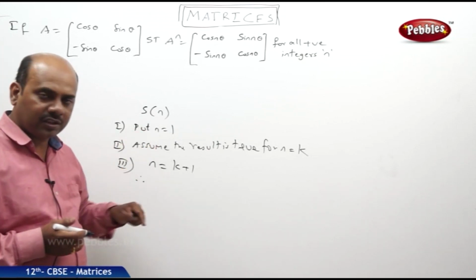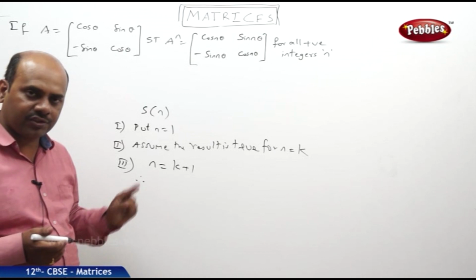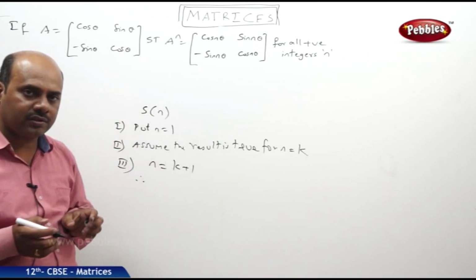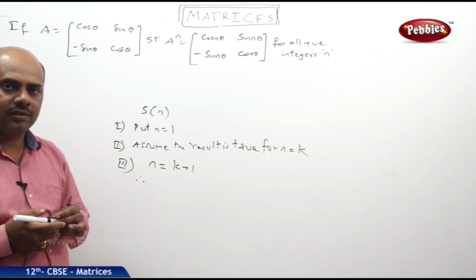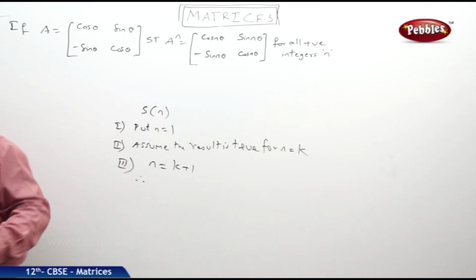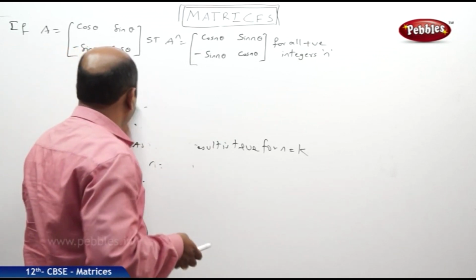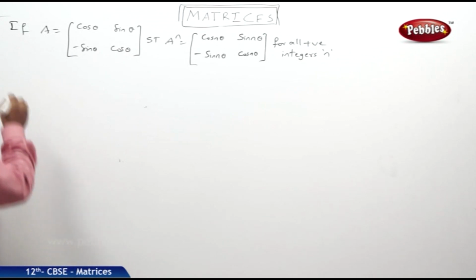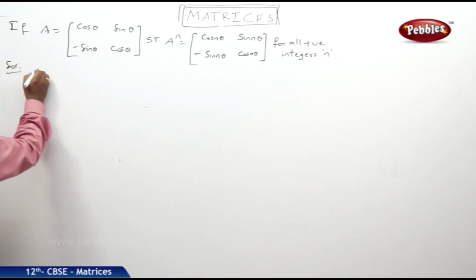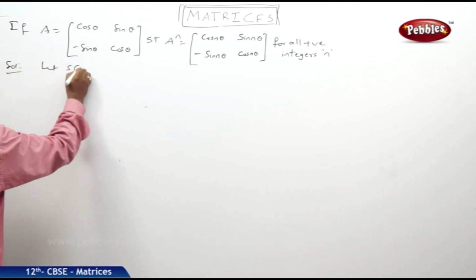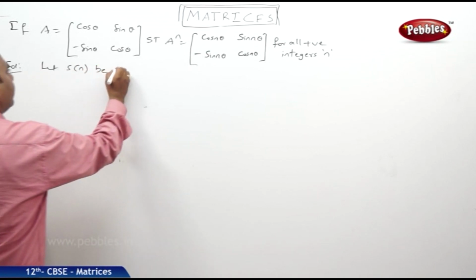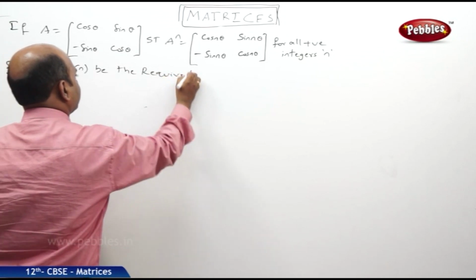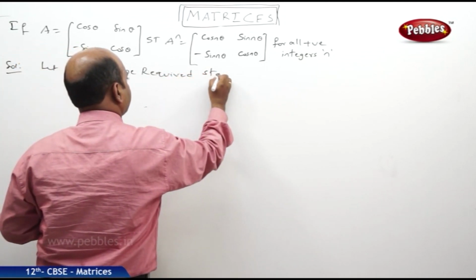So I think by this time you might be clear with the mathematical induction as you have studied in your 11th class. So I prove this result using mathematical induction. Now, let S of n be the required statement.